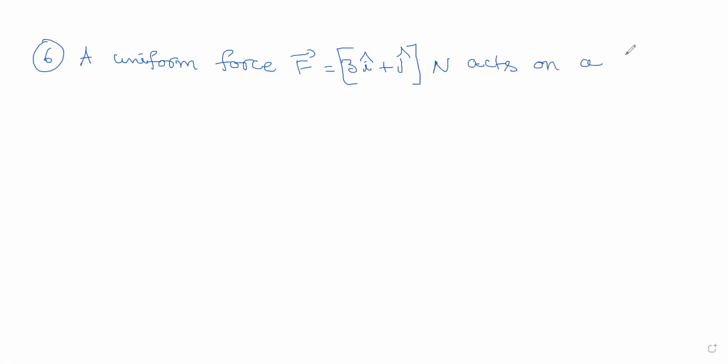A uniform force F bar is equal to 3i cap plus j cap newtons acts on a particle of mass 2 kg.